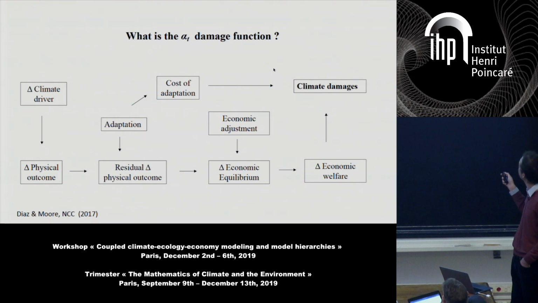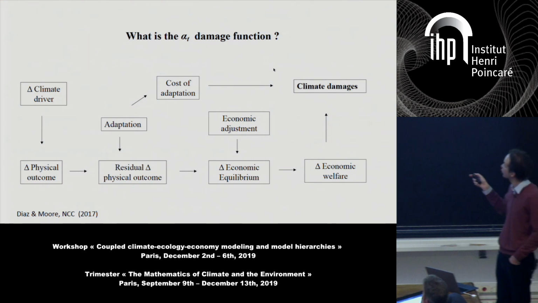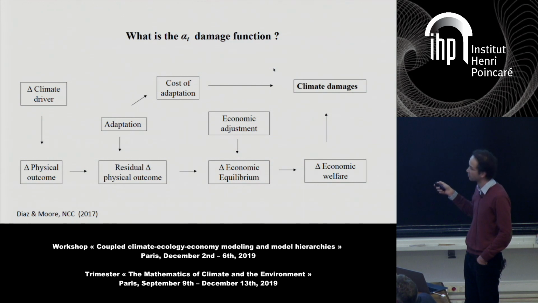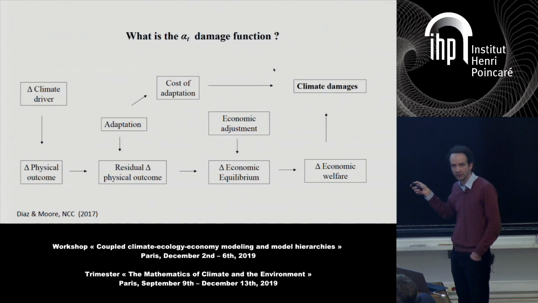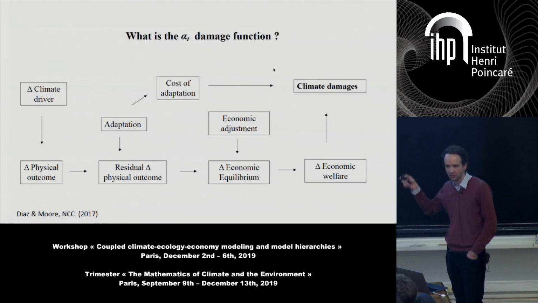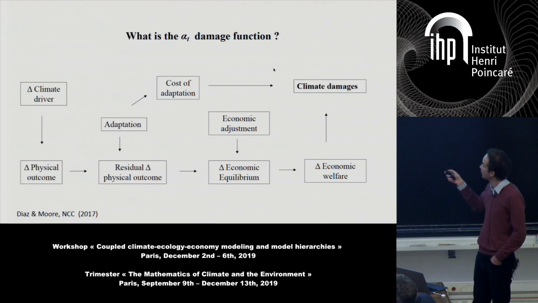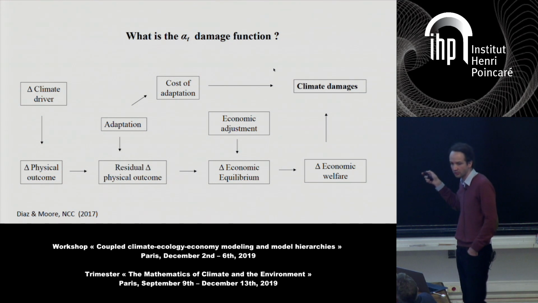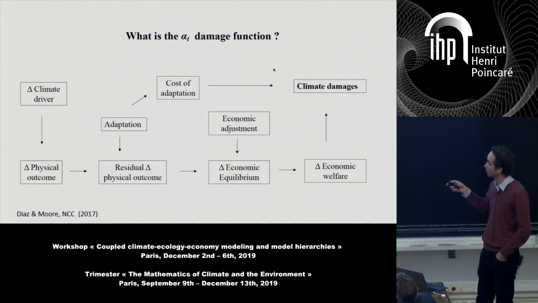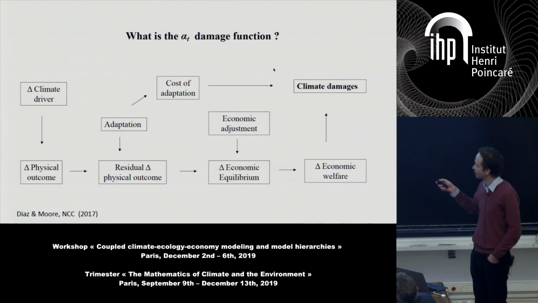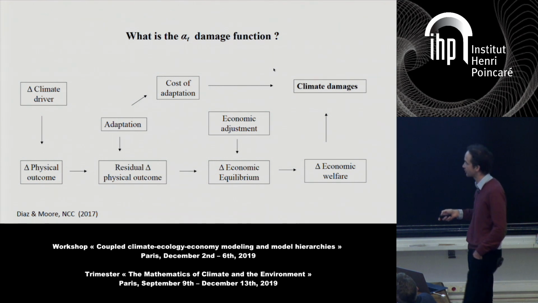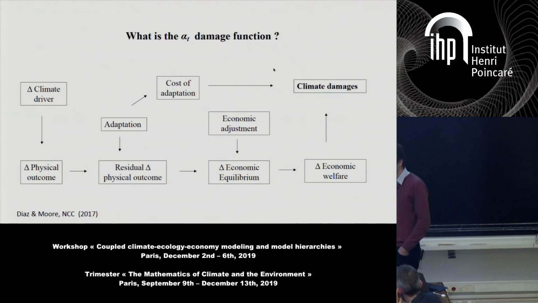It has welfare impacts as well. One can decide to invest in adaptation, so that will influence how much damage that sector, the energy sector, agriculture, transport, whatever it is, will suffer, but it will also increase the cost of these damages. So this diagram, which you can find in a more aesthetic way in the Nature Climate Change publication by Diaz and Moore, is everything that is contained in this damage function.